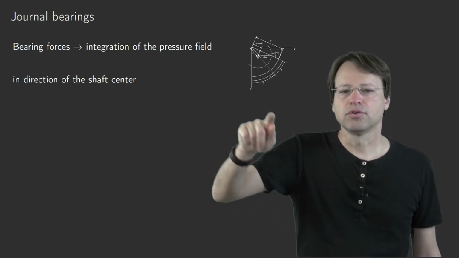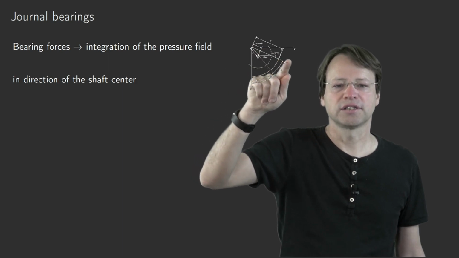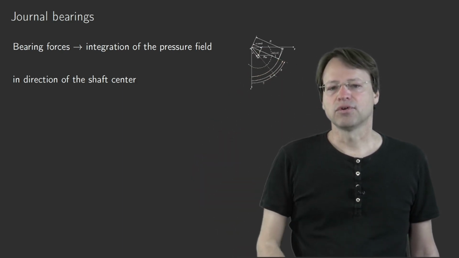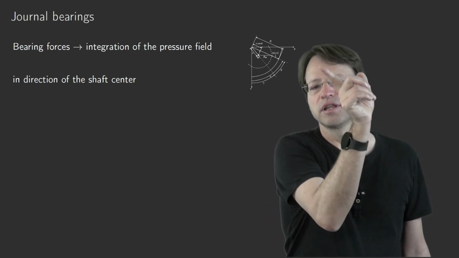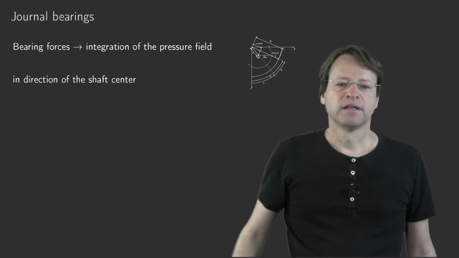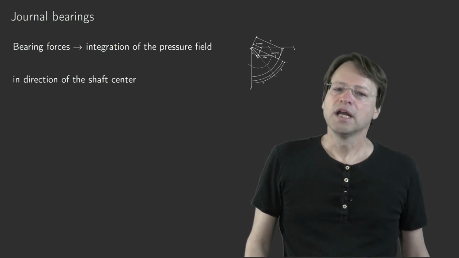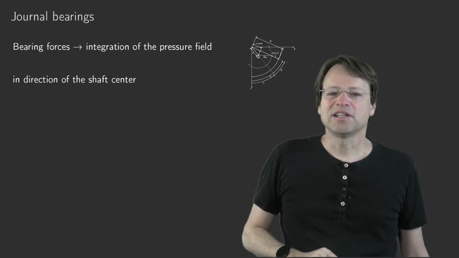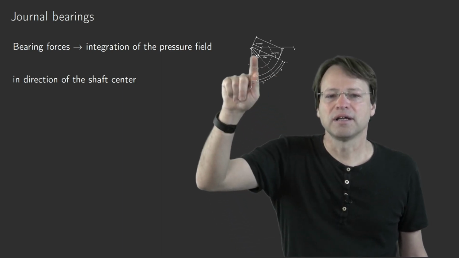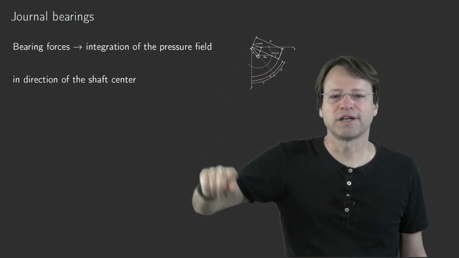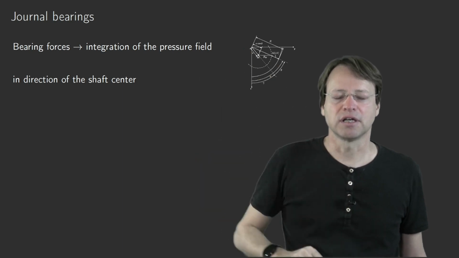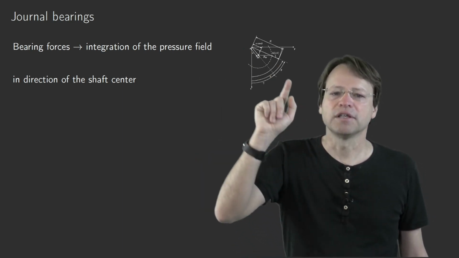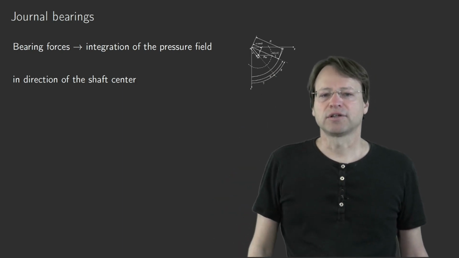So for example, if you look at such a line here, at such a distance with our angle theta as before, then you would find the pressure there perpendicular to the surface, which is not quite correctly indicated here in that figure by taking that ray, because that ray starts in the bearing center.